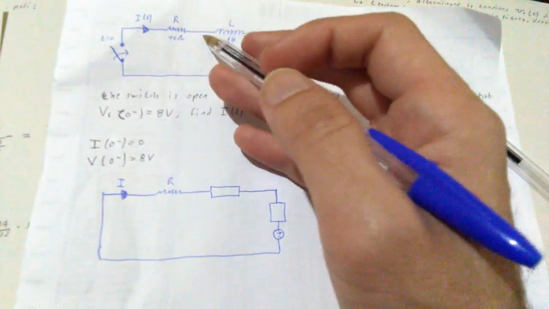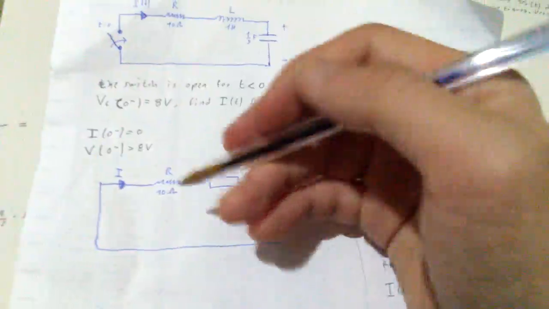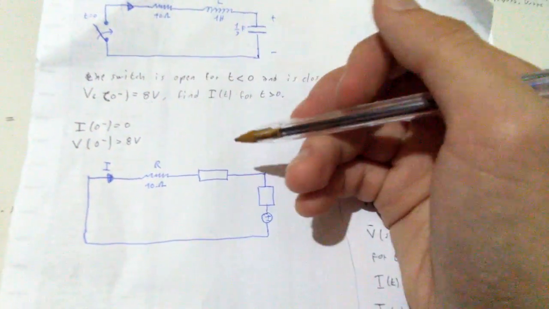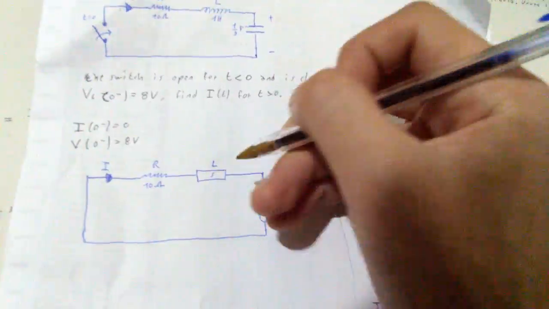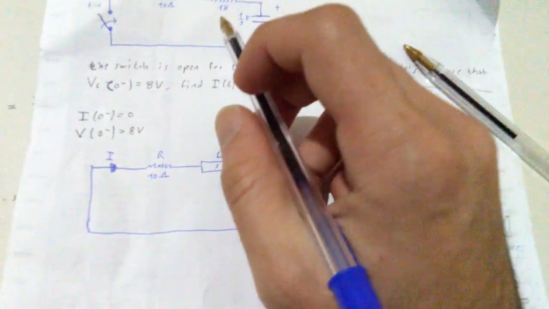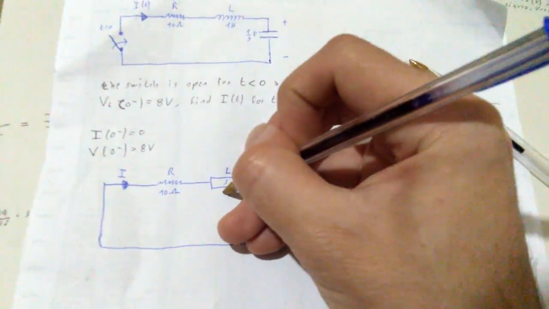So the resistance is still going to be 10 ohm, as given by the problem. This is going to be our inductance, and since it was one henry, we are also going to have 1s.